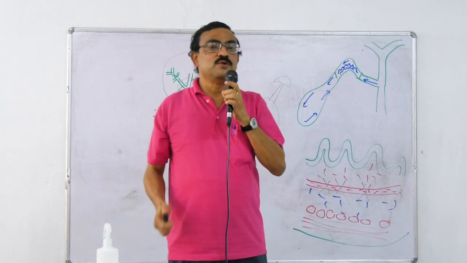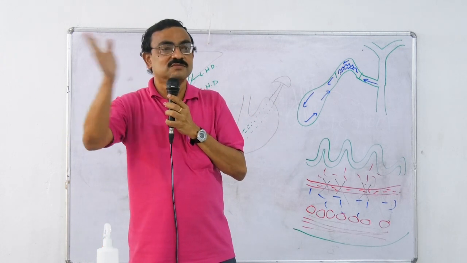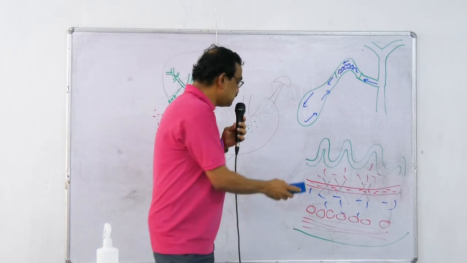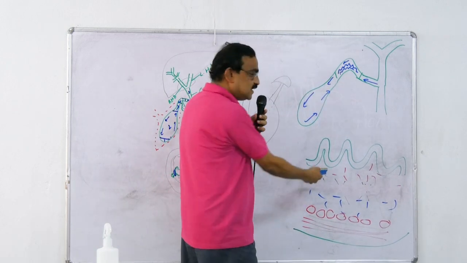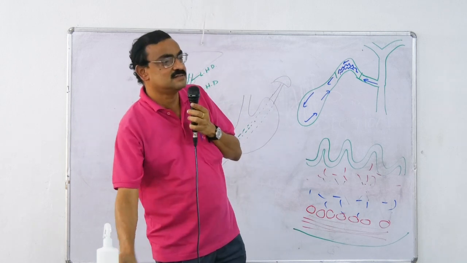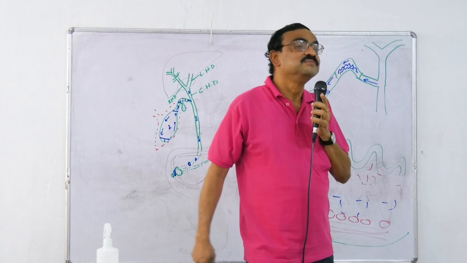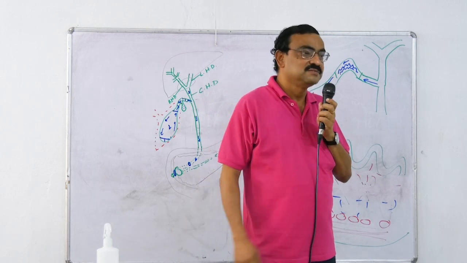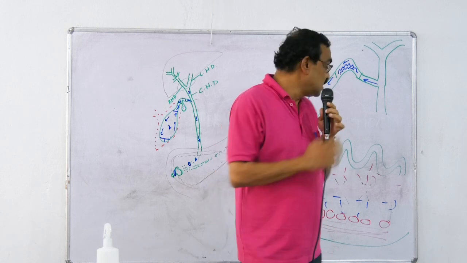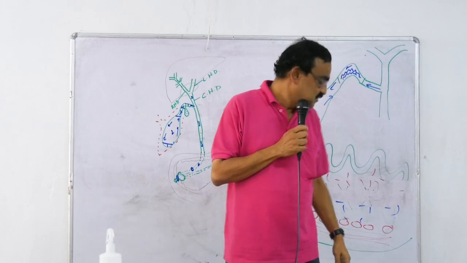This muscularis mucosae is absent, so there is no. If it is absent, whether it is lamina propria or it is the submucous layer, you can say it is the submucous layer. Sorry, this is the lamina propria connective tissue layer only.